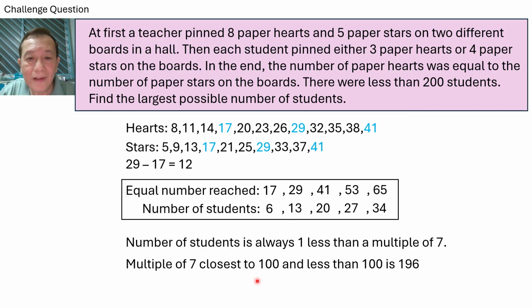And that number is 196 because it is a multiple of 7. 1 less than 196 is 195.